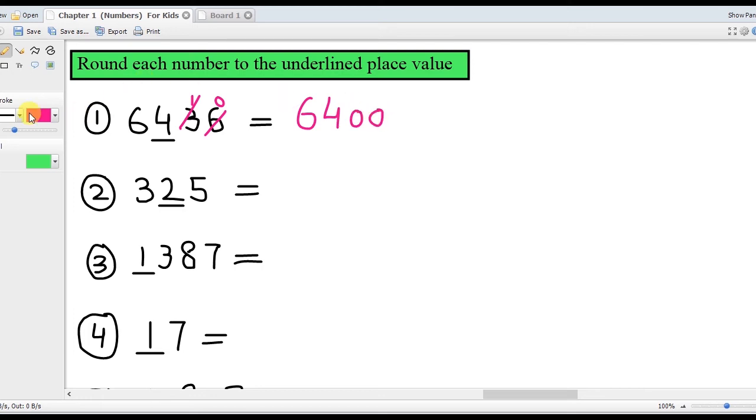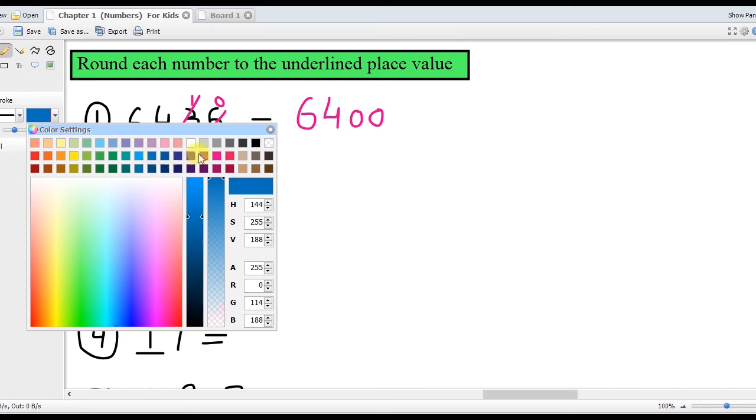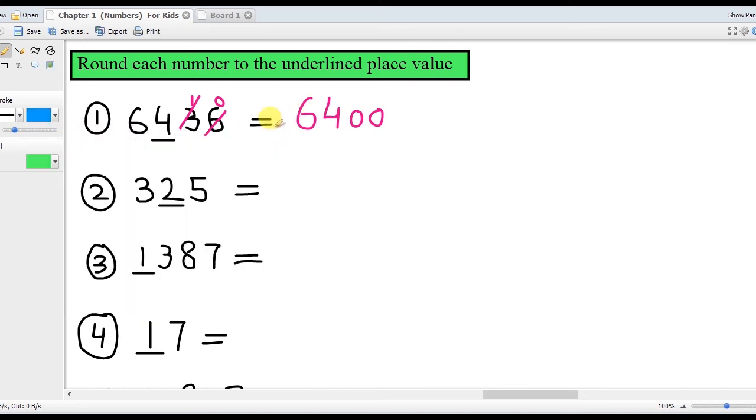Got it? Or we can solve it another way. We have to solve it till the underlined digit, which is 100. So what is half of 100? Half of 100 is 50. Now look at these two digits after the underlined place value.